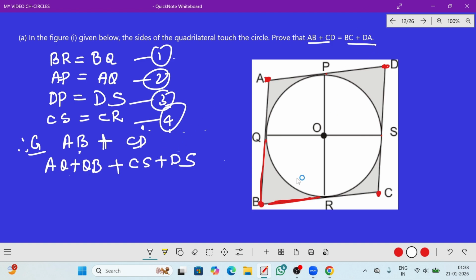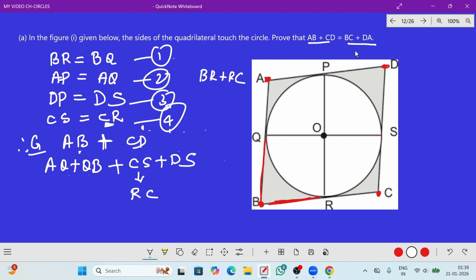Now what is it I have to get? BC. If I want to get BC, I should get BR plus RC. So where I can substitute RC in the place of CS, I will substitute RC, where I can substitute DS, where I can substitute BR. So if I want to get BC, I want BR plus RC.